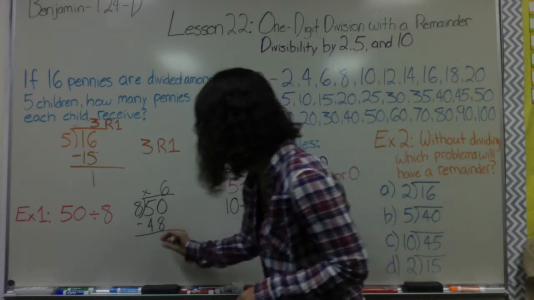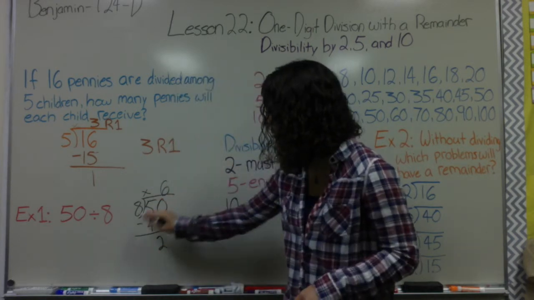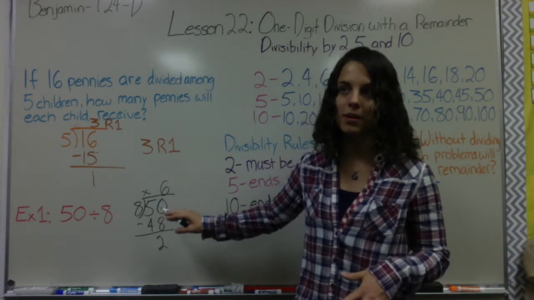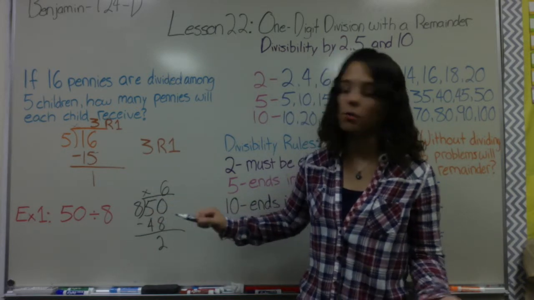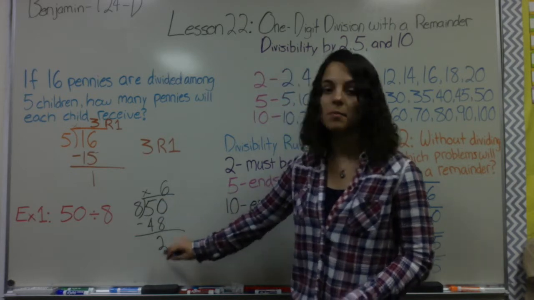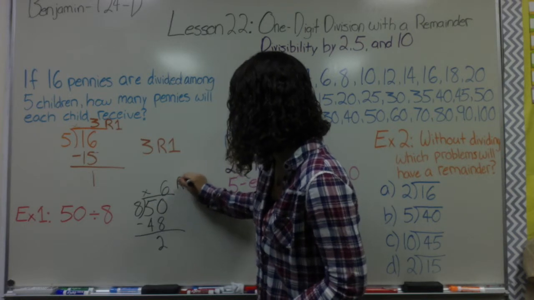That's 2 as a remainder. That way I don't have so much borrowing and crossing off here in the division. That's the only time I'm definitely going to accept not necessarily showing your work, because it gets really crowded here. So 2 is my remainder. So my answer would be 6 remainder 2.